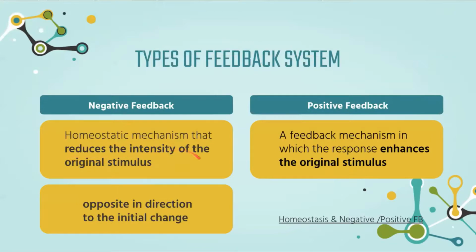Negative feedback reduces the intensity of the original stimulus, and it is opposite in direction to the initial change. Positive feedback is the mechanism in which an output is enhanced, designed to accelerate or enhance the output created by a stimulus that has already been activated. Positive feedback mechanisms push levels out of normal ranges.